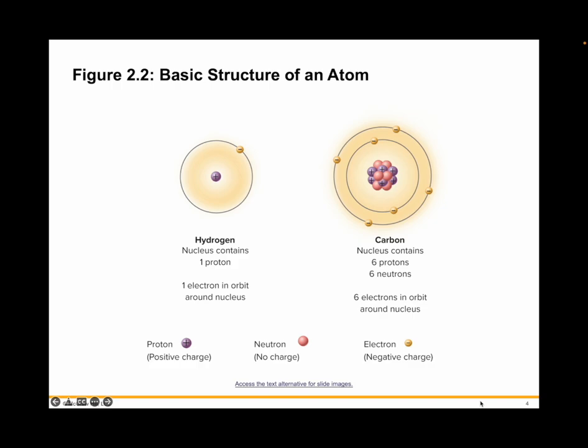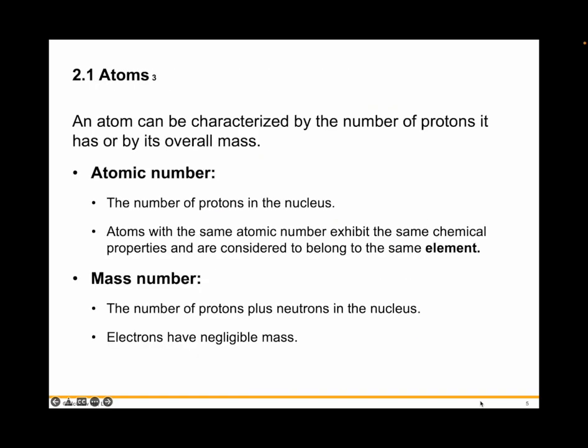So I say again, a carbon atom has 6 protons and 6 neutrons and a mass number of 12. An electron's contribution to the overall mass of an atom is negligible. The atomic numbers and mass numbers of some of the most common elements are shown in Table 2.1 on page 37. So electrons determine what atoms are like.